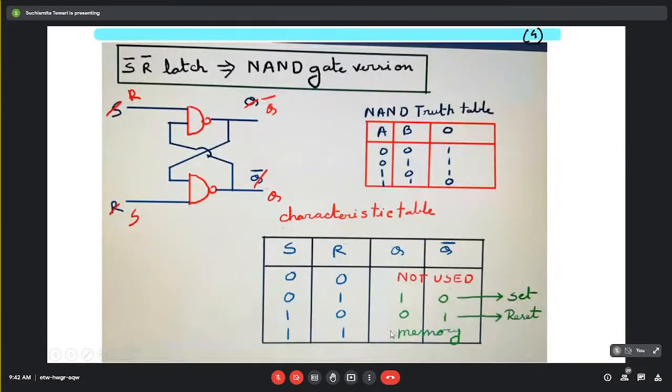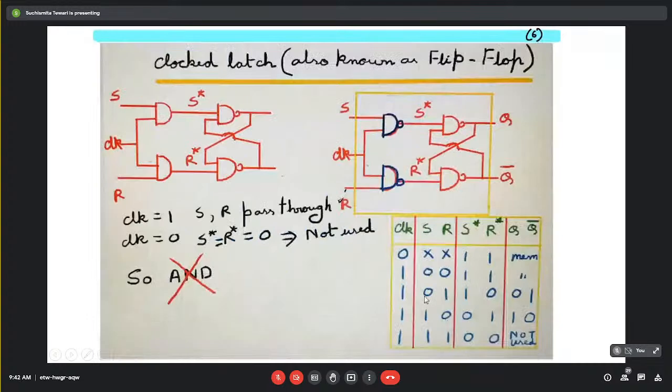You see, if this is S equal to 0 and R equal to 1, at the output I am getting 0 and 1. If we change it to 1 0, the same thing will happen, and at the output I am getting 1 and 0.